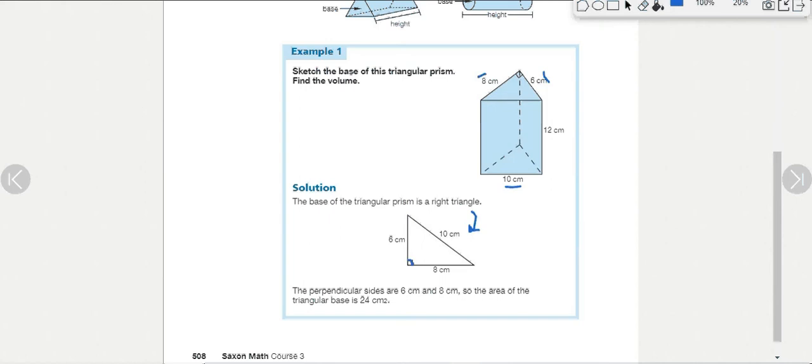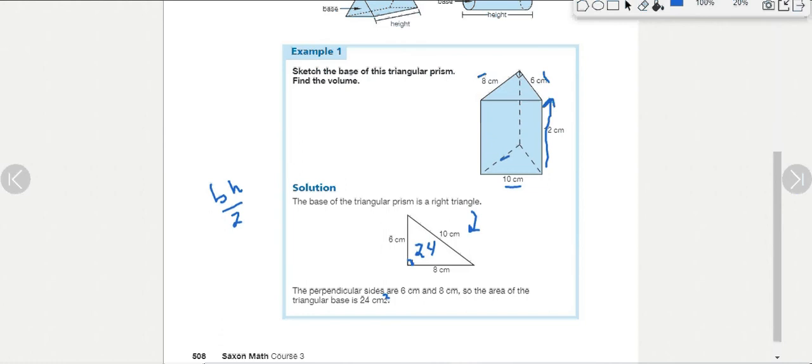All right. How do we find area of a triangle? Finding the area of that triangular base on these will be base times height divided by 2. 6, 8, 10 triangles are always 24 if you ever just want to automatically, right? 48 divided by 2 centimeters squared. And then we multiply by height. It's that simple.